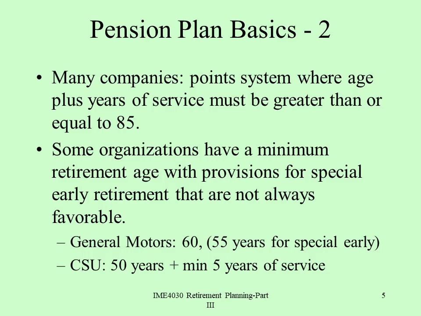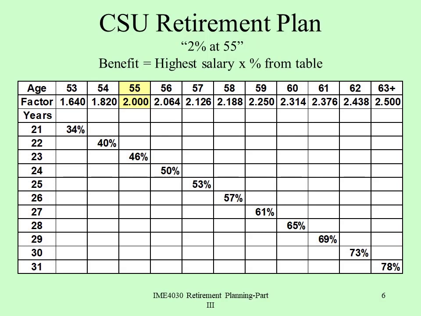This pension plan for Cal State, and I'm only using this for illustration purposes, is called a 2% at 55 plan, and again, here on slide 6, you can see that at age 55, the multiplier that is used to determine your retirement benefits is 2% times your years of service.